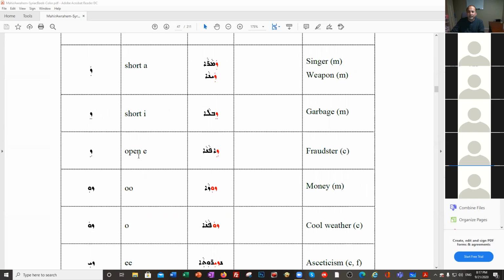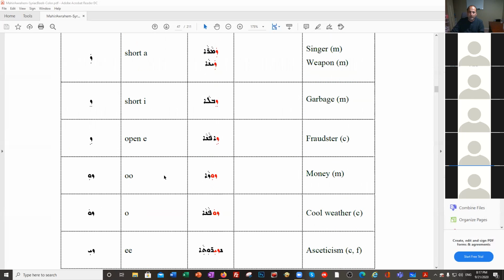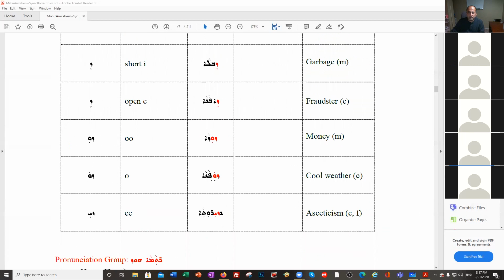Ze with the open e, zepana. Zu, zuza. Zo, zopana. You see here the difference, zepana, zopana. This one is a zopana.